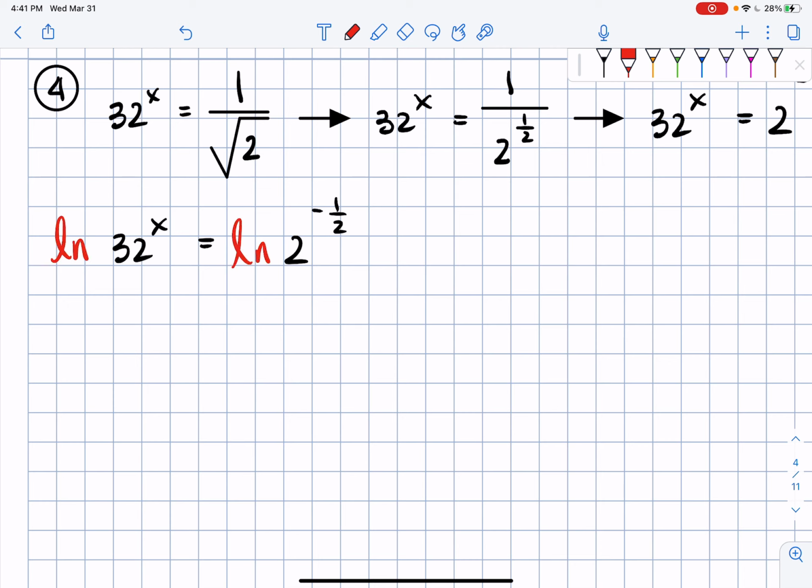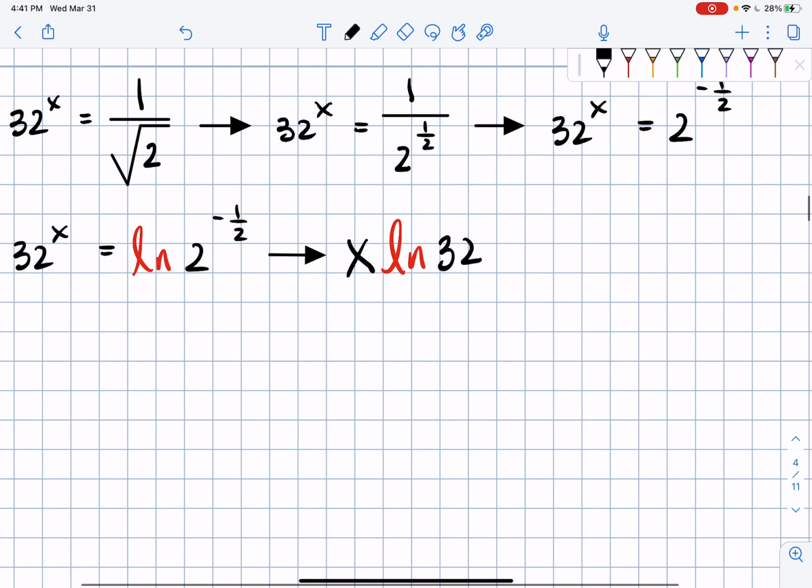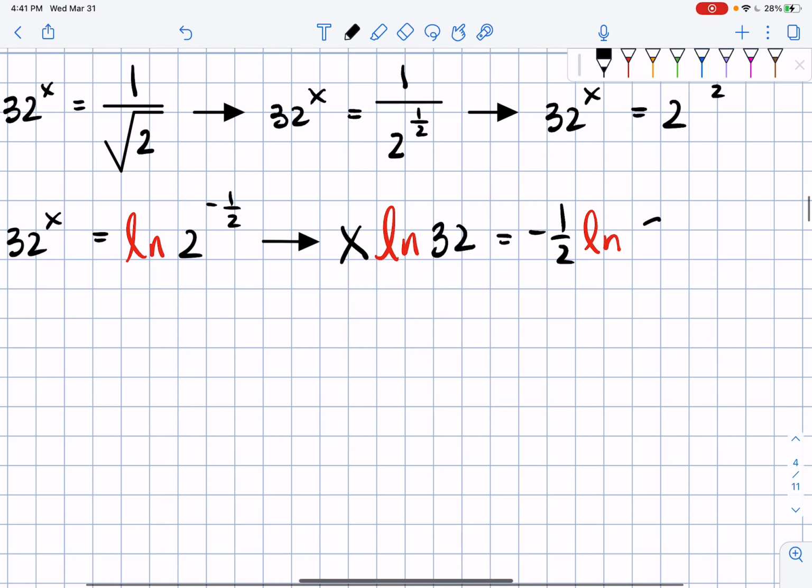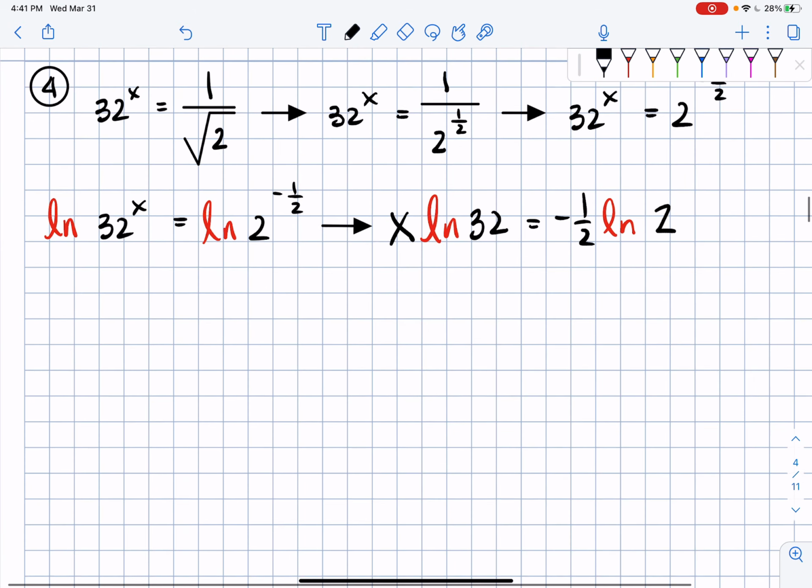Well, if I take the ln, what happens? When I take the ln, number one, there's a power rule, right? So what happens? I'm going to have an x times the ln of 32 is going to equal negative 1/2 ln of 2. Okay?